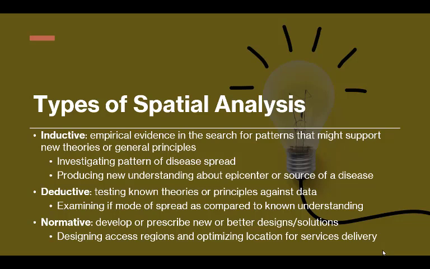So, for example, maybe we are trying to optimize the location of primary health care in Oyo State or in Port Harcourt City or Ibadan metropolis. So we are trying to say where are the best locations that will optimize access for people for getting medical care.